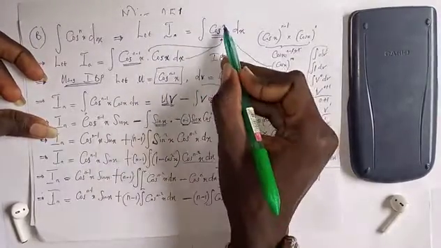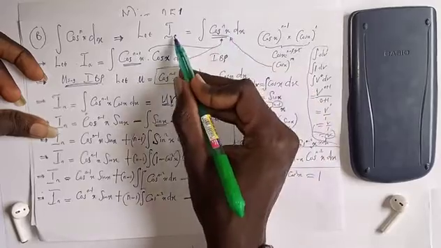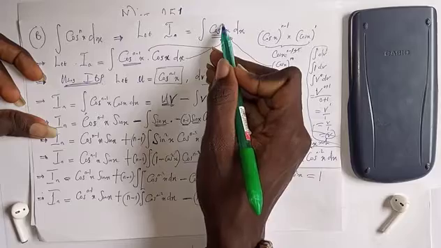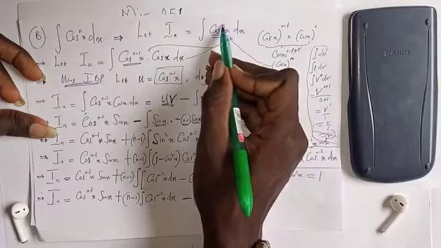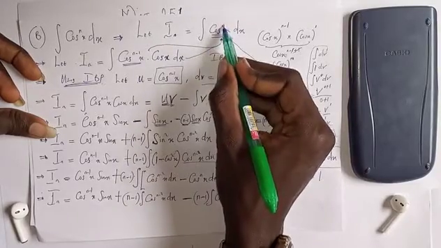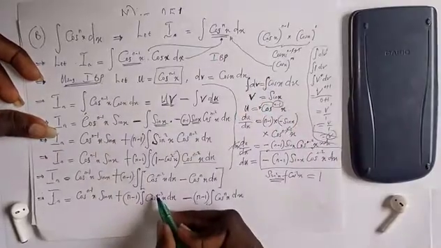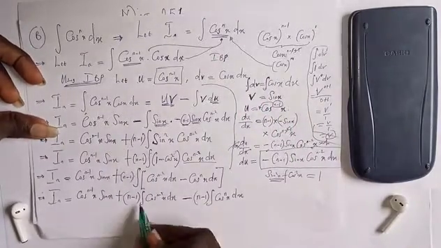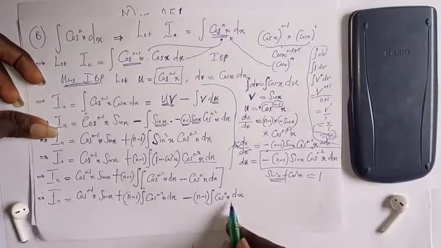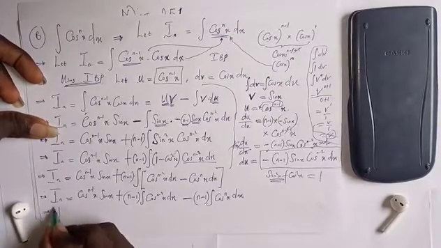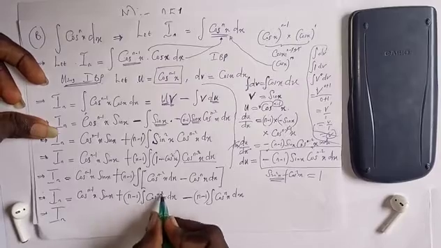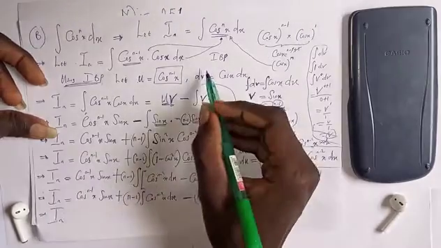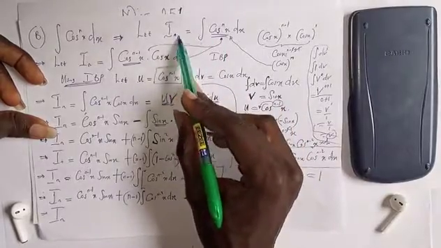So similarly, if I have n minus 1 or n minus 2, then whatever I have here is actually based on whatever you have in the question as the power for the trig function. So here I have n, I should have I n. So if I have n minus 2, okay, we actually stop here. Then the next thing here is that when I have the integral of cos n minus 2 of x dx, it is actually equivalent to I n minus 2.